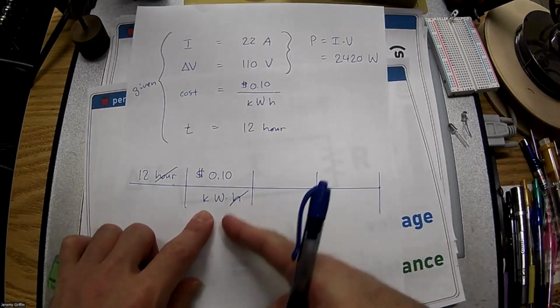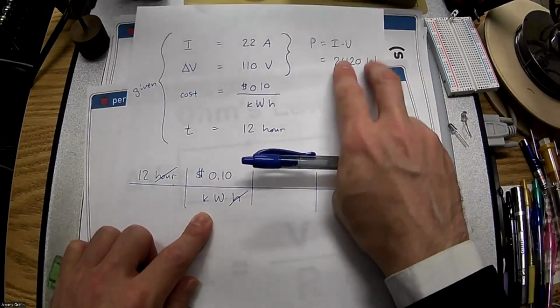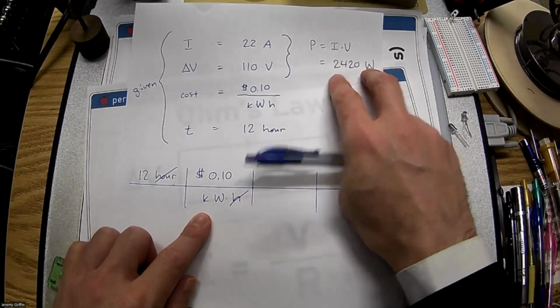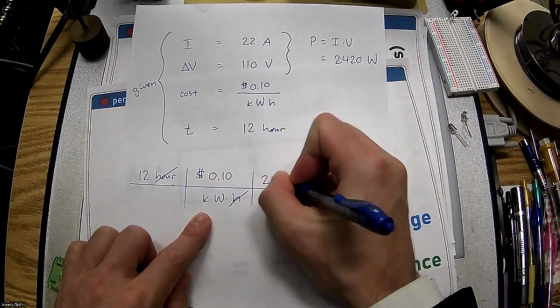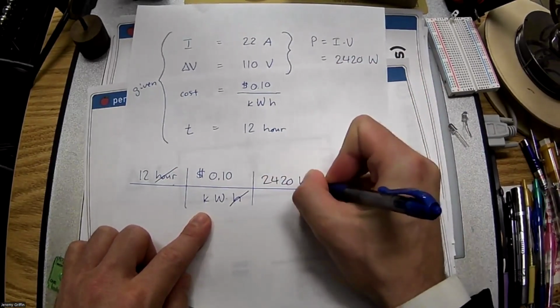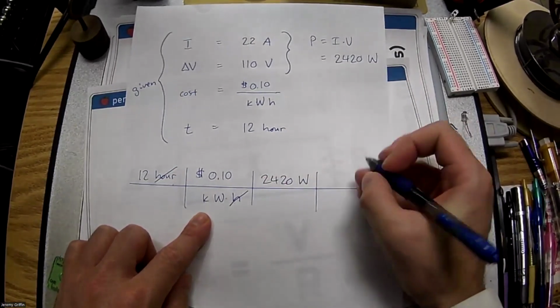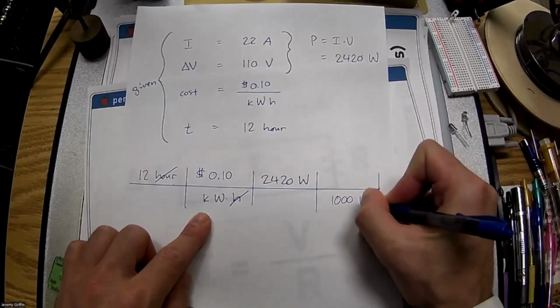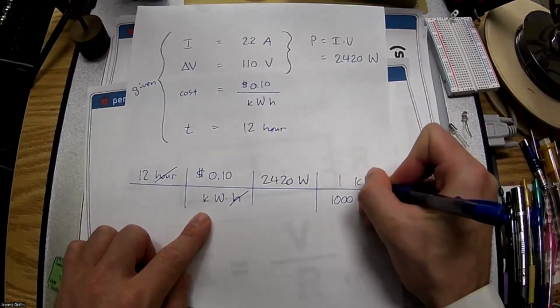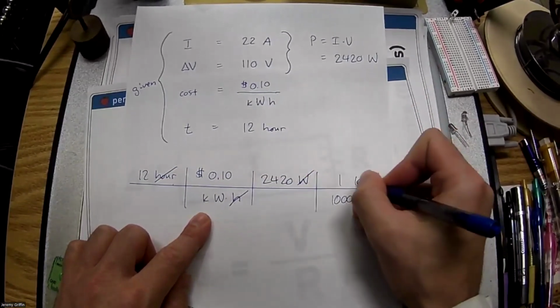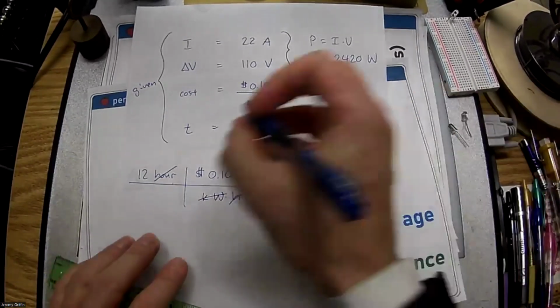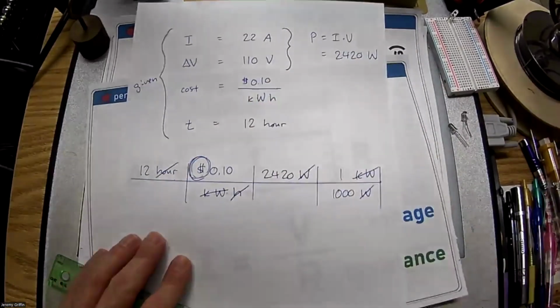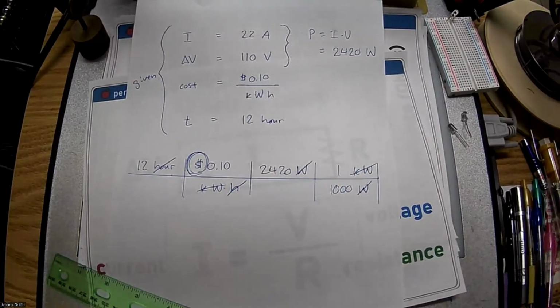So I'm doing kilowatts. Here's my wattage, my power: 2,420 watts, and every 1,000 watts is a kilowatt. So now the only unit left on the board is dollars, which tells us the cost.